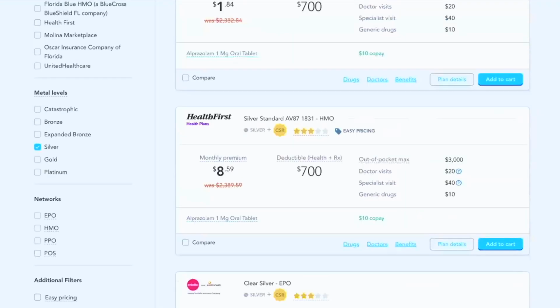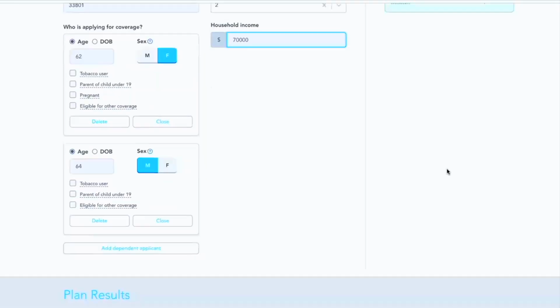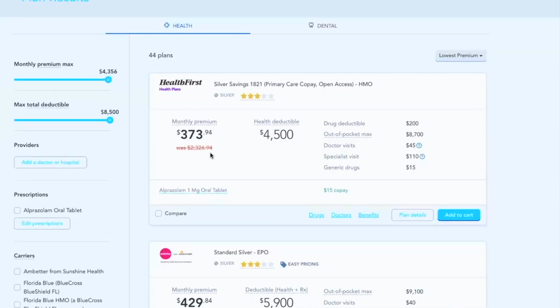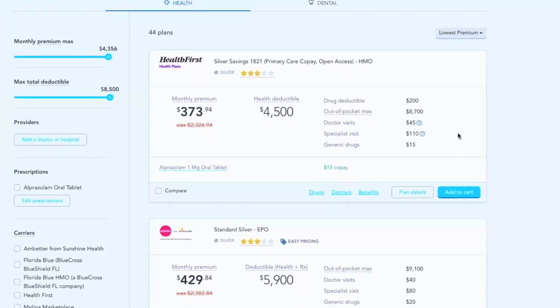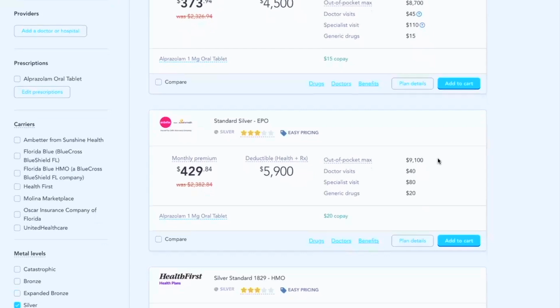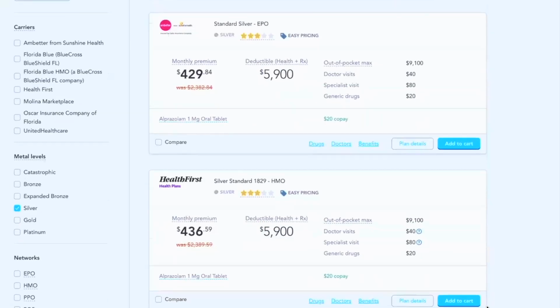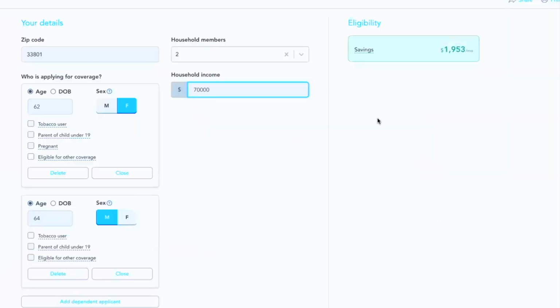Okay. So let's say this couple makes, let's say, 70,000. They have the savings, but they don't have the cost share reduction. You can see the monthly premium does go up quite a bit. The max out of pocket is a lot higher as well because you don't have the cost sharing reduction.